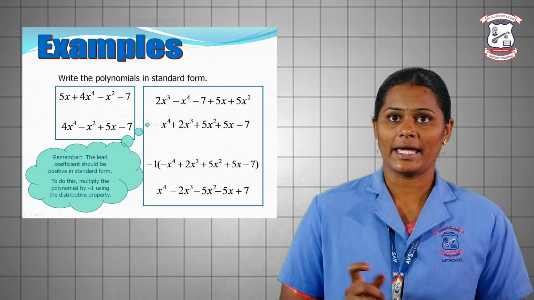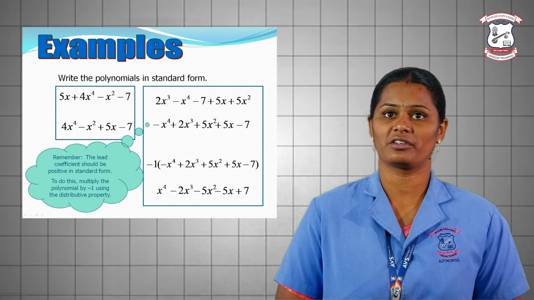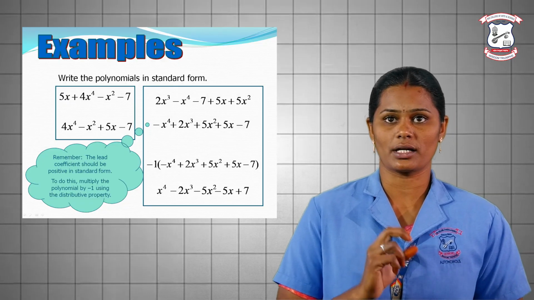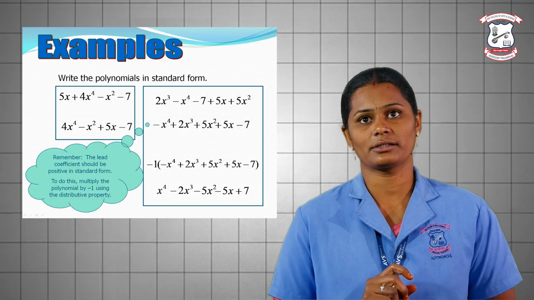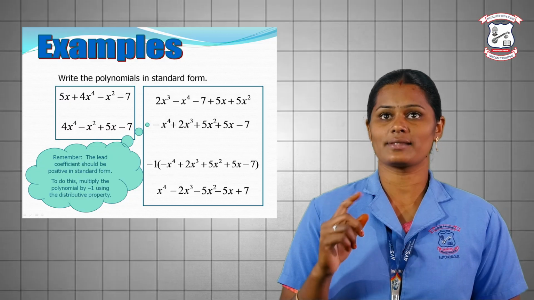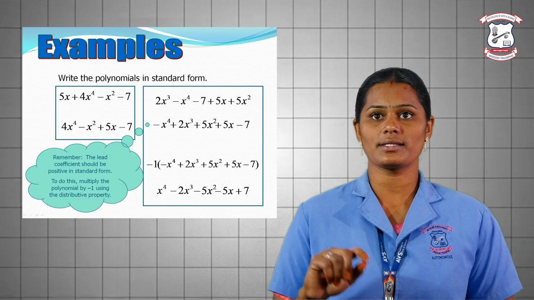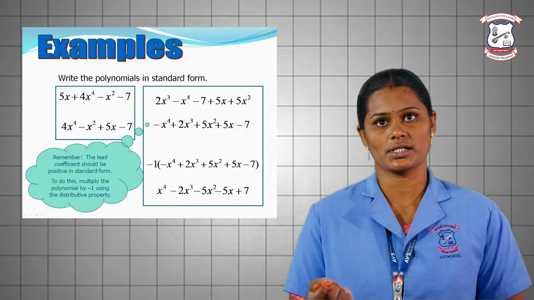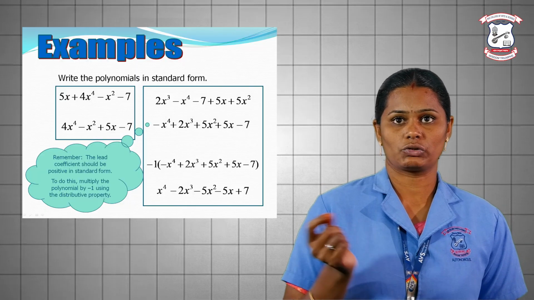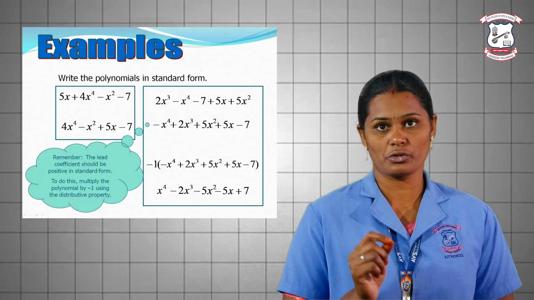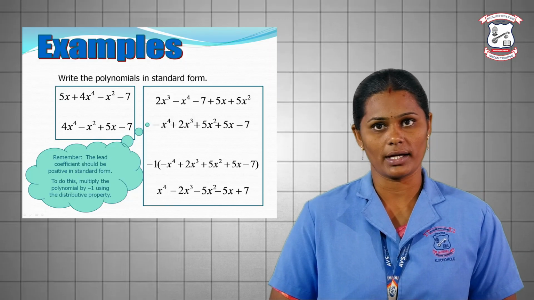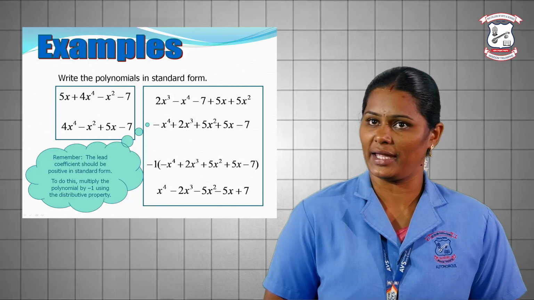They are giving a jumbled arrangement. In standard form, the highest degree value comes first. In that equation the highest degree is x power 4, so that term comes first. And then x square is the next degree, then x power 1 is the next degree, and then degree 0. So the equation is written as 4x power 4 minus x square plus 5x minus 7.